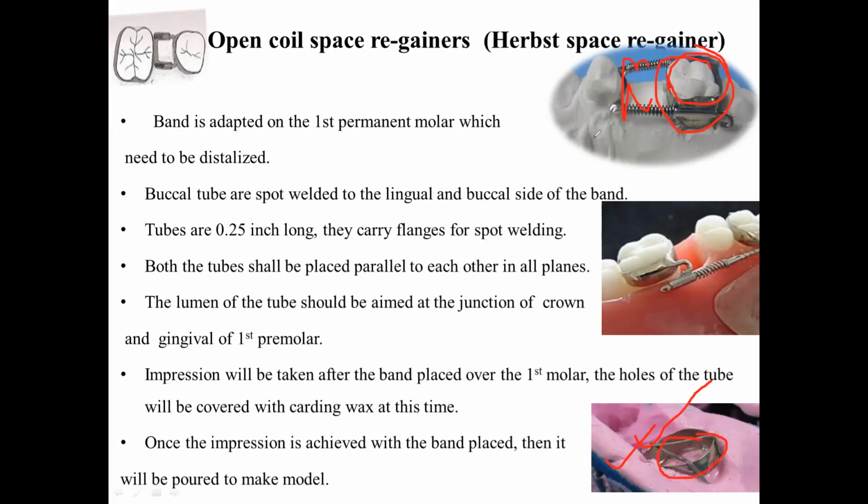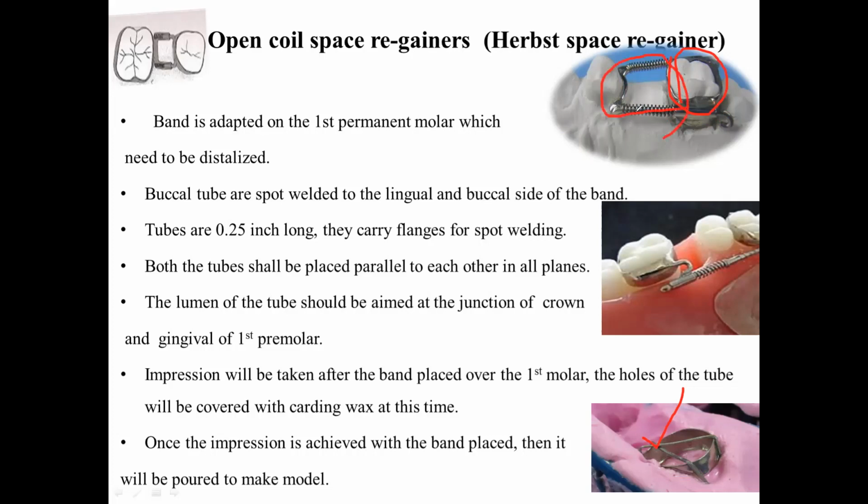And then afterwards, we do the boring along with the band, so we shall have a proper size of the band copied on the model. Because the same band which we have taken of the appropriate size of the tooth from the patient's mouth, we need to send it to the laboratory to have this appliance fabricated.